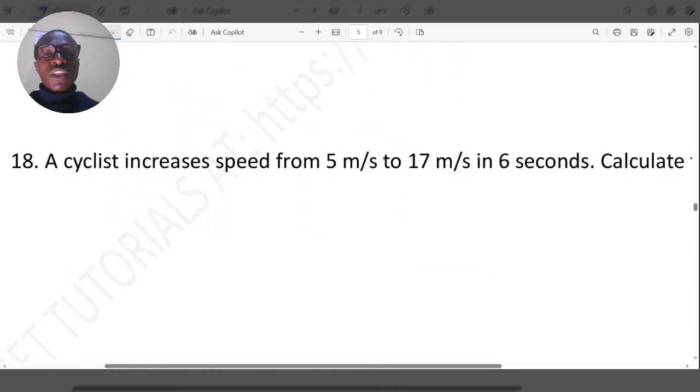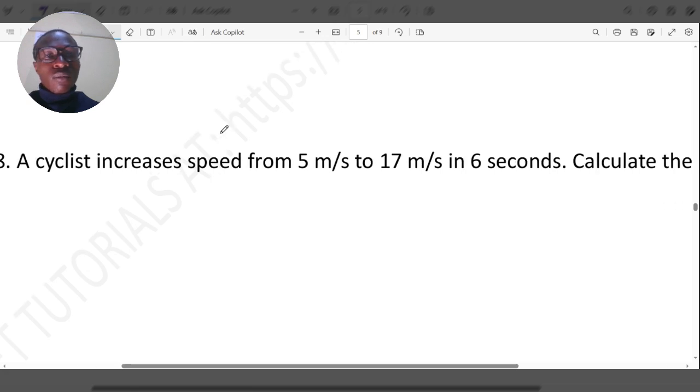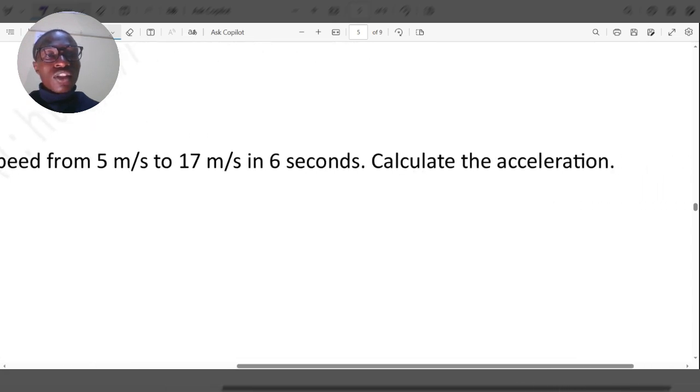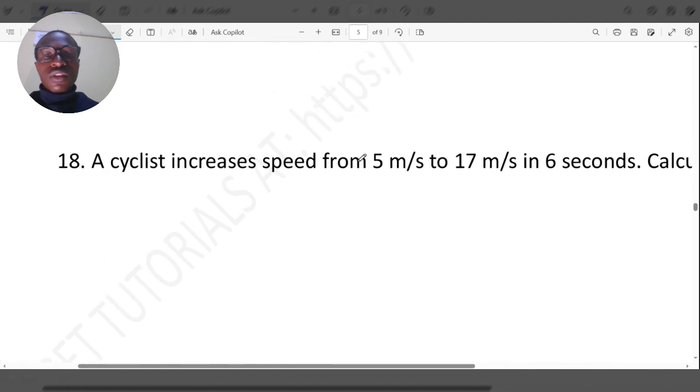Speed from 5 meters per second to 17 meters per second in 6 seconds, find the acceleration. So we say that acceleration equals change of speed.